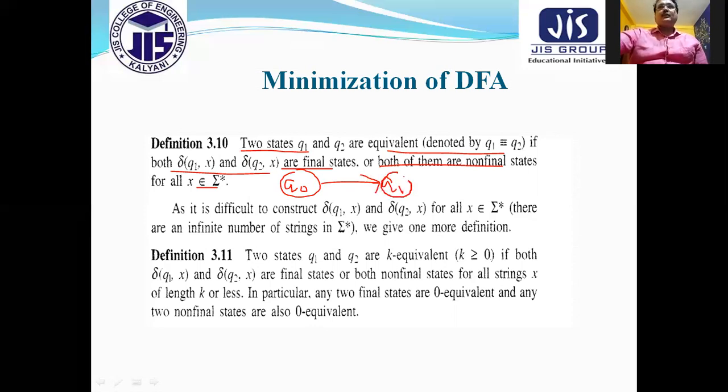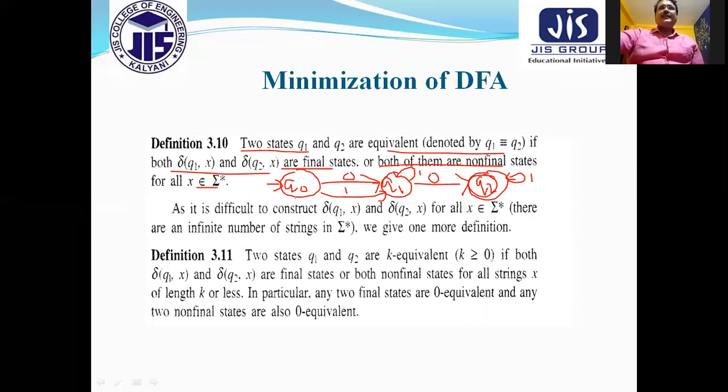You can see this figure. This is the initial state and this one is the final state. Concentric circle is the final state.